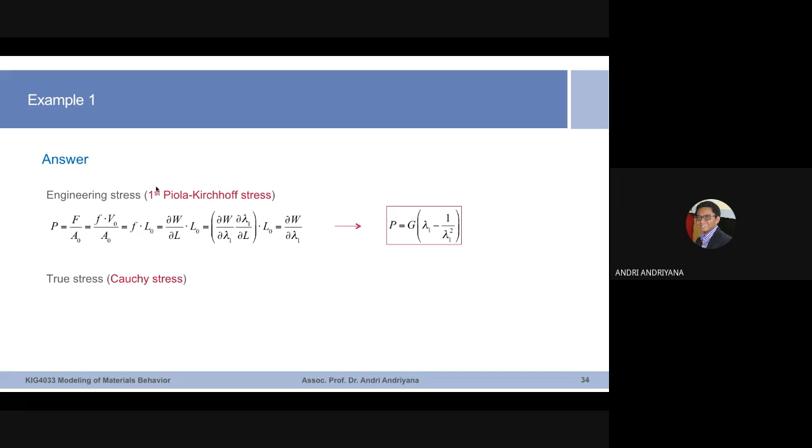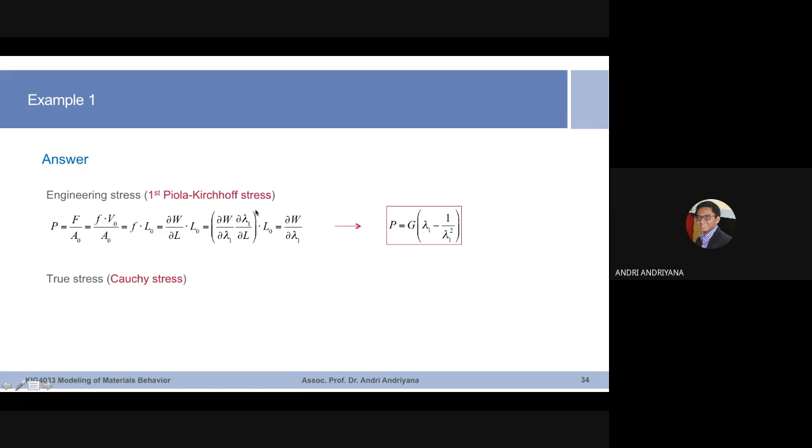The differentiation of W with respect to L is W with respect to lambda 1, times the differentiation of lambda 1 with respect to L. And the differentiation of lambda 1 with respect to L is 1 over L0, so it will cancel out with L0 here. So we have only these terms.